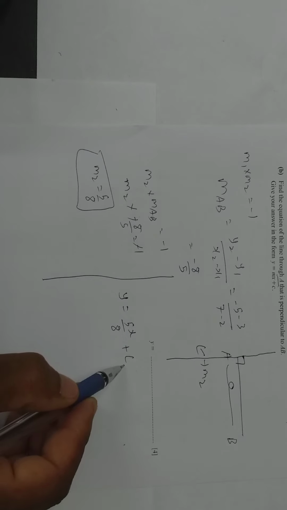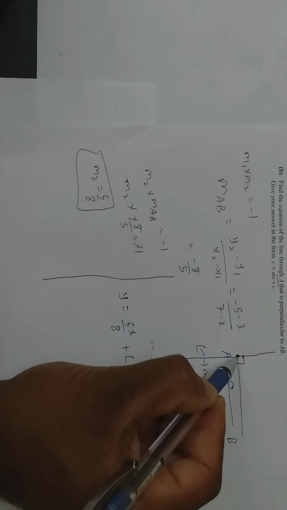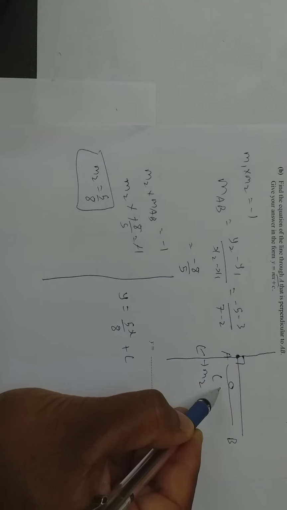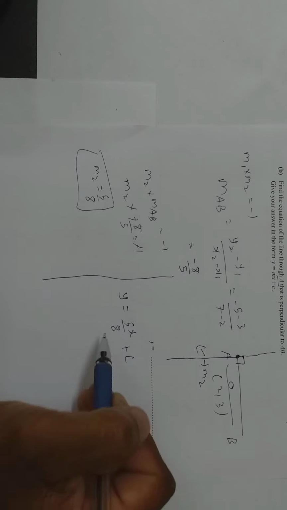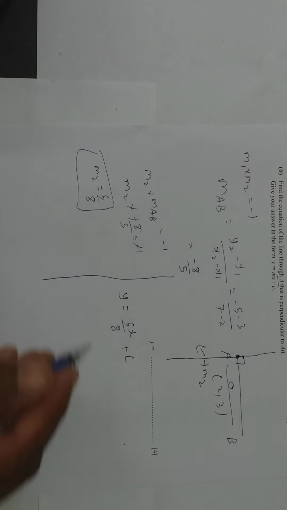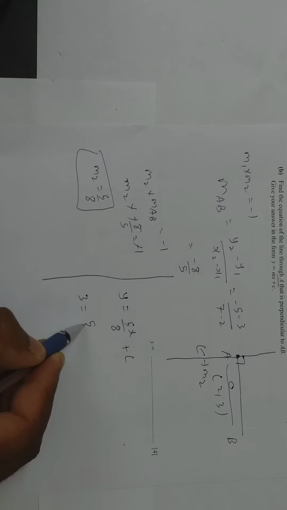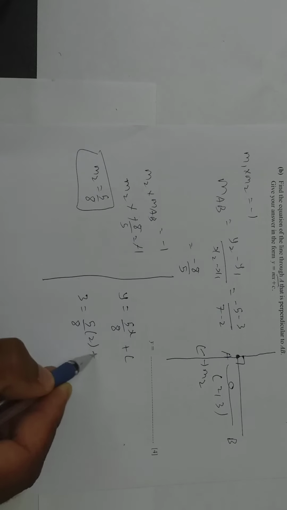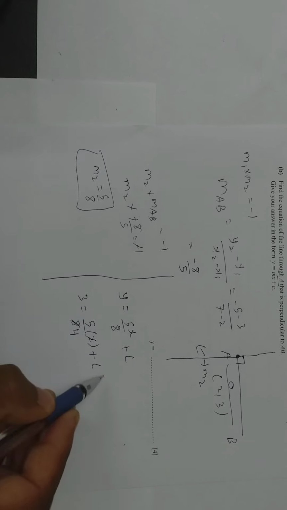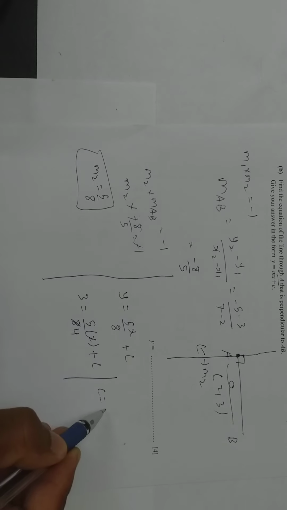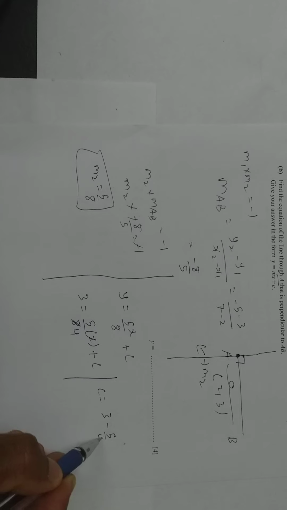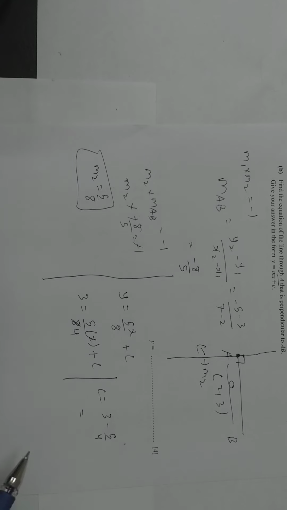How do I get c? This line is passing through A. What are the coordinates of A? 2, 3. Place 2, 3 and find out c. So 3 equals 5 by 8 into 2 plus c. That implies c equals 3 minus 5 by 4, which is 12 minus 5, 7 by 4.